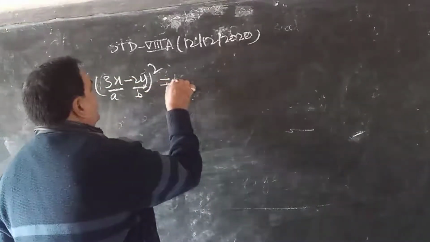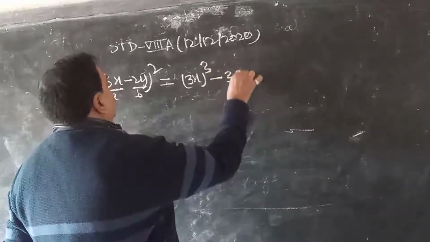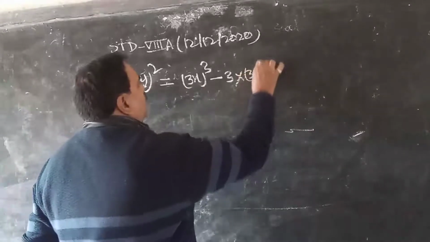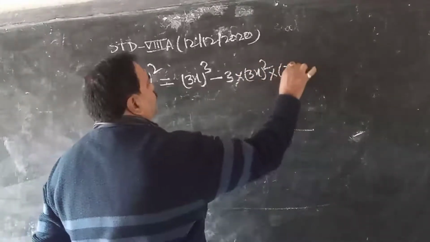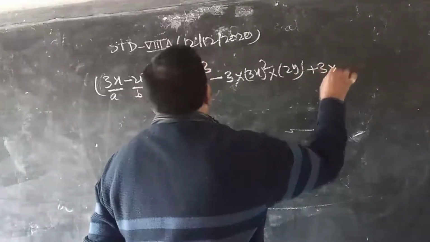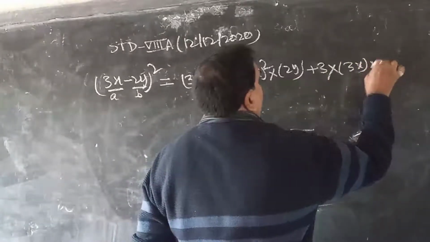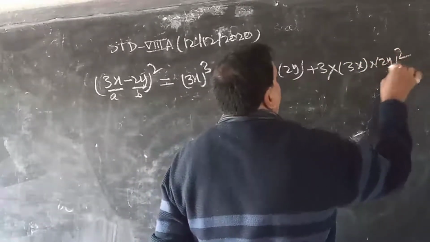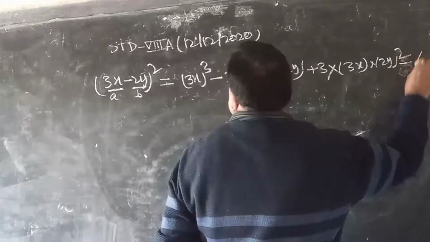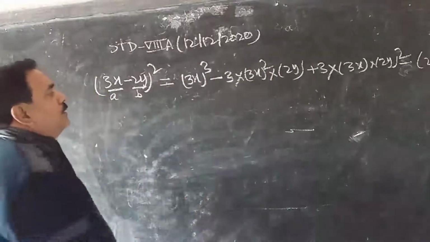What is the result? a cube means (3x) cube, minus 3 a square, that is (3x) square, into b, that is 2y, plus 3 into a, that is 3x, into b square, (2y) square, minus b cube, b is (2y) cube.